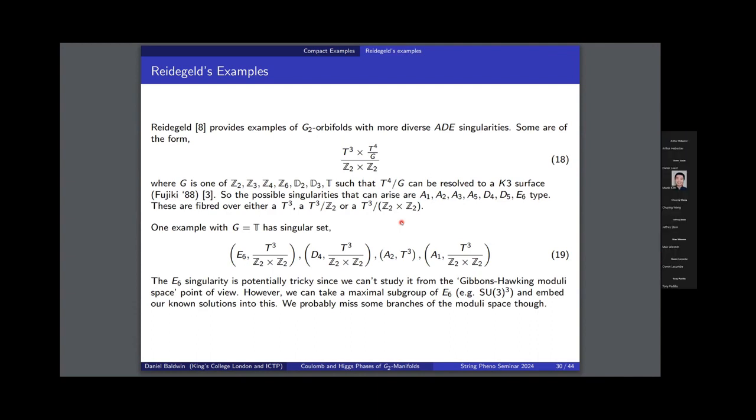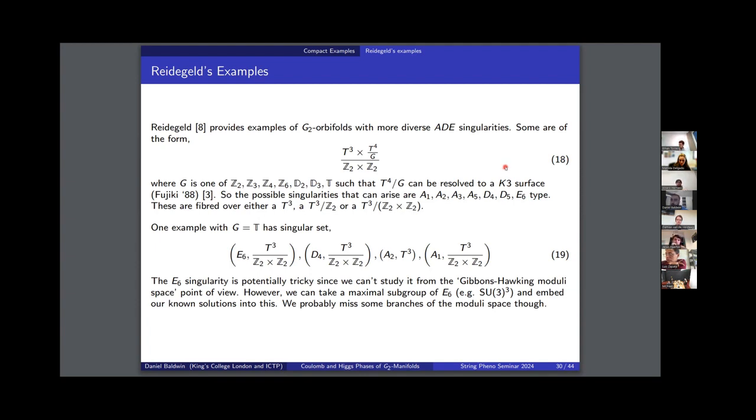I see. So the quotient you constructed, this group K, it never acts as an automorphism on the ADE singularity, I guess, just as some element of the Weyl group. Okay, yeah. So I think it can be more general than the Weyl group.